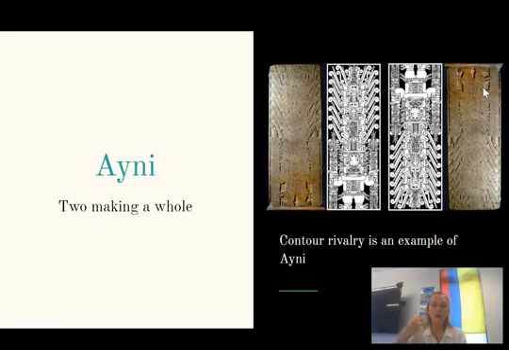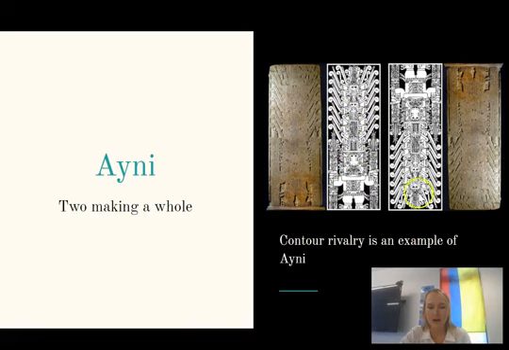We also will talk about this a bit more in the introduction chapter, but contour rivalry is an example of ayni. So objects or works of art, when you flip them upside down, look like something else. So we'll look next time at the Raimondi stele, and this image looks like the staff god, or this person carrying these big staffs wearing this big headdress.